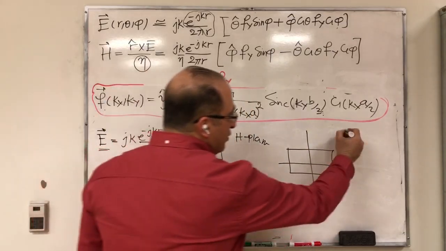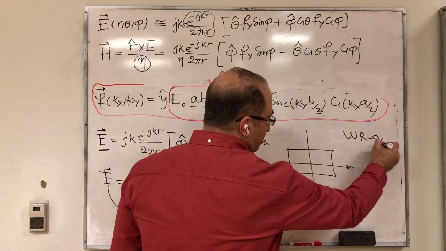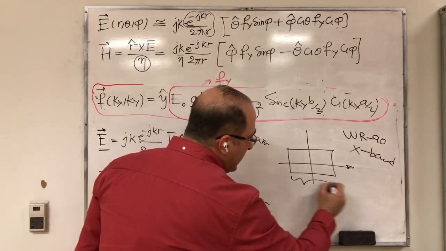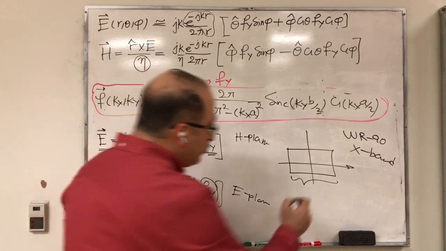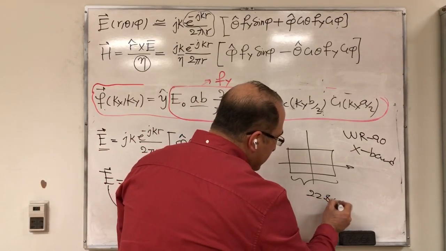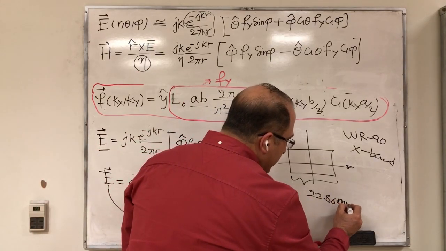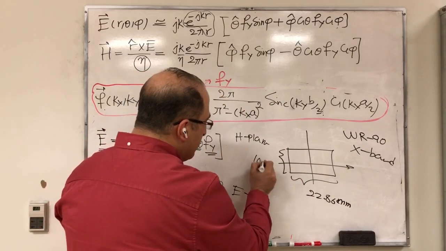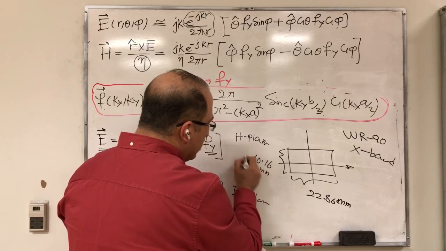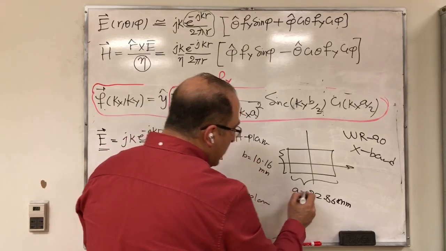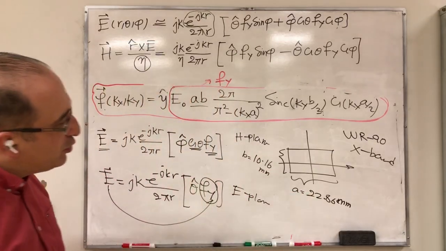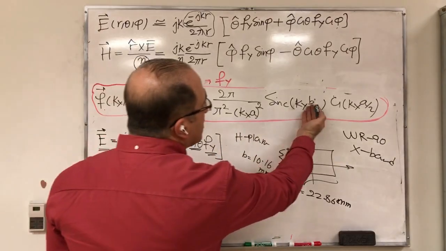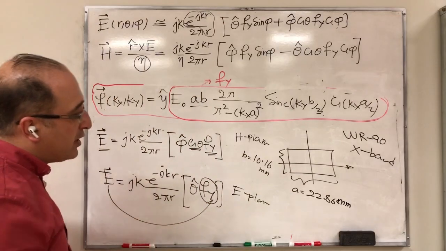For example, the WR90 waveguide, which is for X band: A is 22.86 millimeter, and B is 10.16 millimeter. So that's your B, that's your A. And you can start substituting them and calculate this.